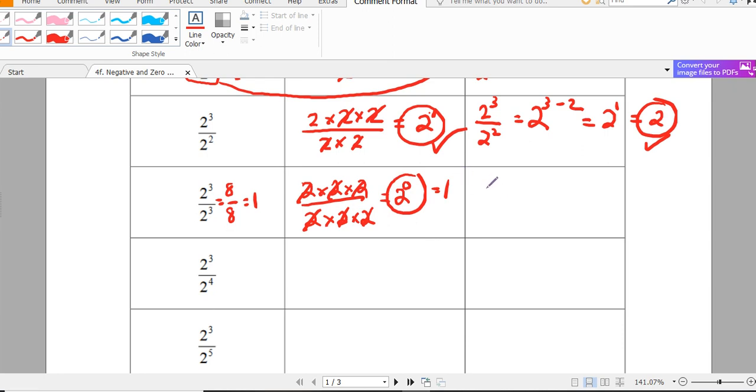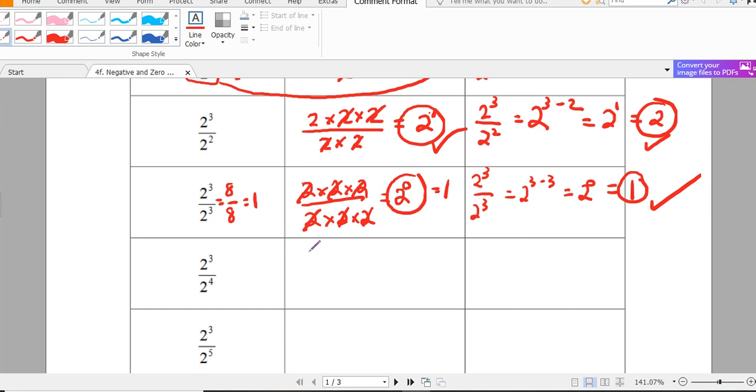And if I use the exponent laws, same thing. 2 to the exponent of 3 divided by 2 to the exponent of 3 equals 2 to the exponent of 3 minus 3, which will equal 2 to the exponent of 0, which will equal 1. Alright, moving on.